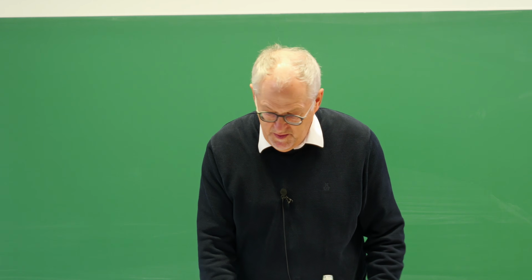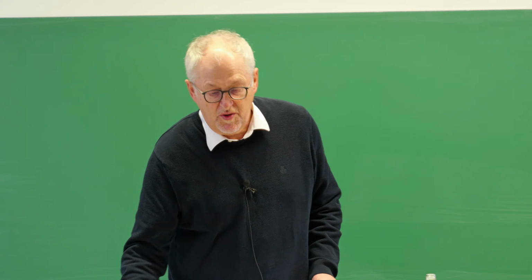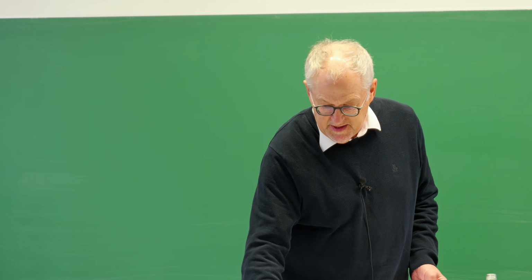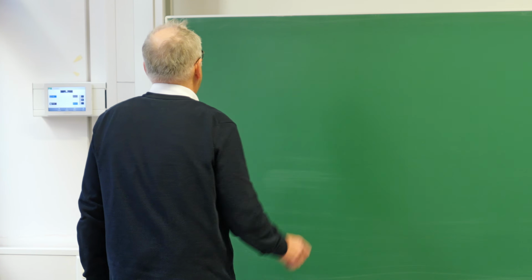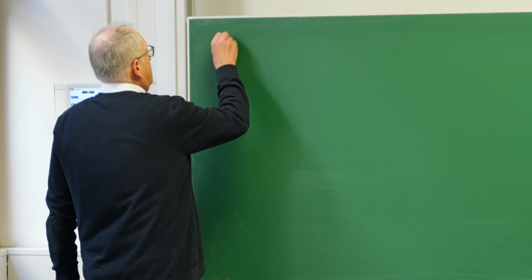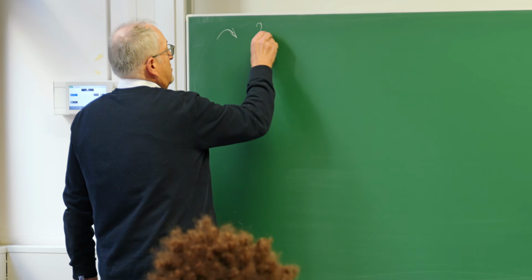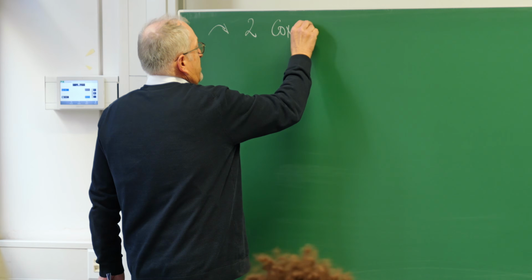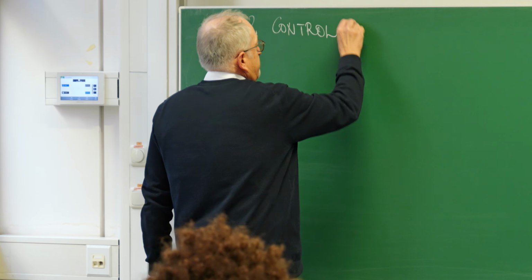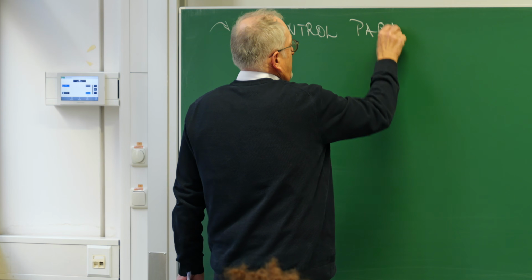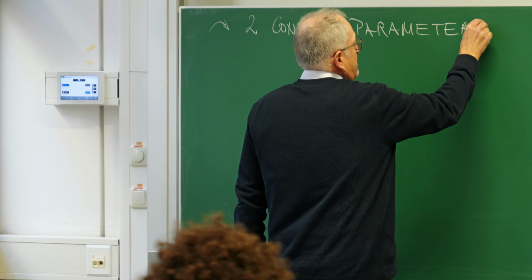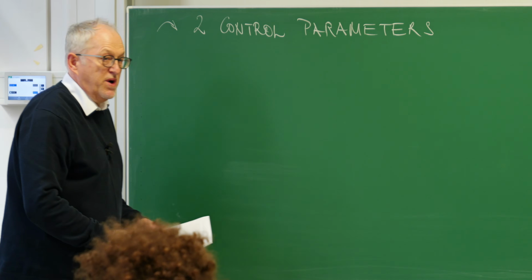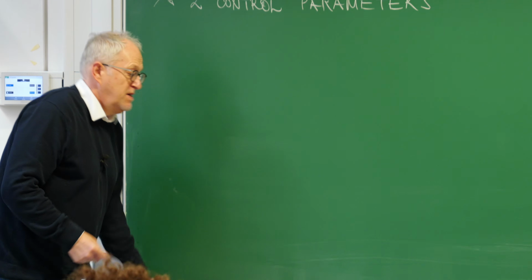And what we would like to do now is to go to more complicated systems, which is now what happens when we go to two control parameters instead of just one. But I'm still staying with the case that I have one dynamic variable.